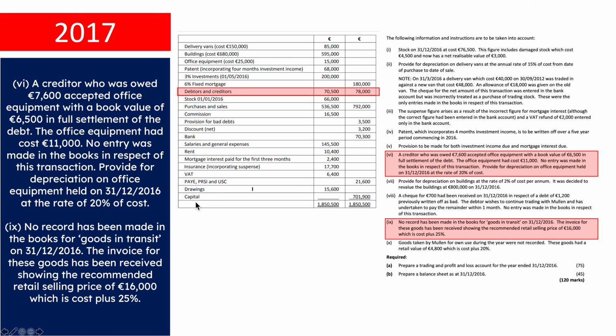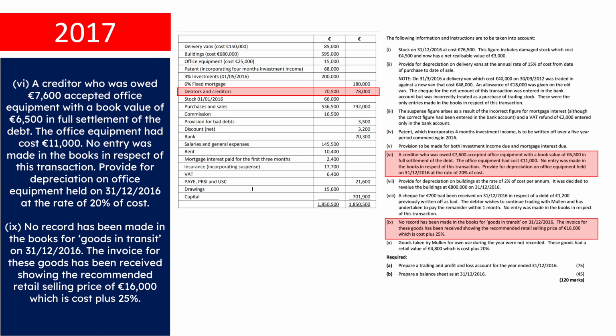Right, so 2017, there were 2 adjustments that affected the creditor. We have a creditor who was owed 7,600 accepted office equipment with a book value of 6,500 in full settlement of the debt. The office equipment had cost €11,000. No entry was made in the books in respect of this transaction.